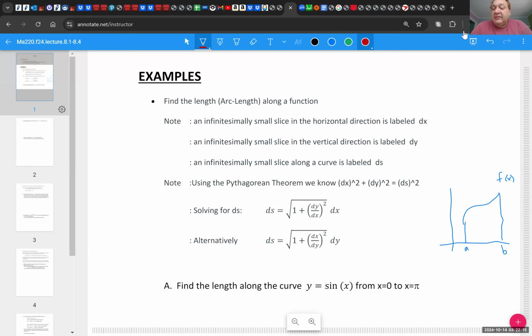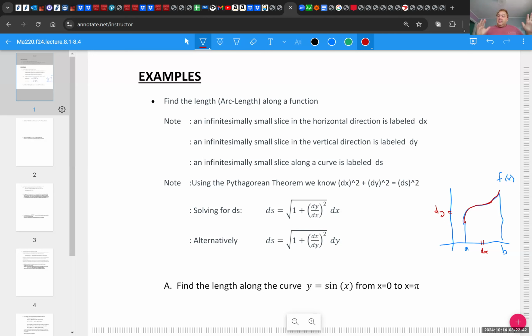So not along the x-axis. If you're going along the x-axis, you can break it up into little elements called dx, and all the dx's added together gives you the distance in the x direction. If you're going along the y-axis, then a small change in the y-axis is called dy, and we add up all the dy's, but we're not going along the x-axis, we're not going along the y-axis, we're going along the curve. If you were traveling along this curve, what's the distance?